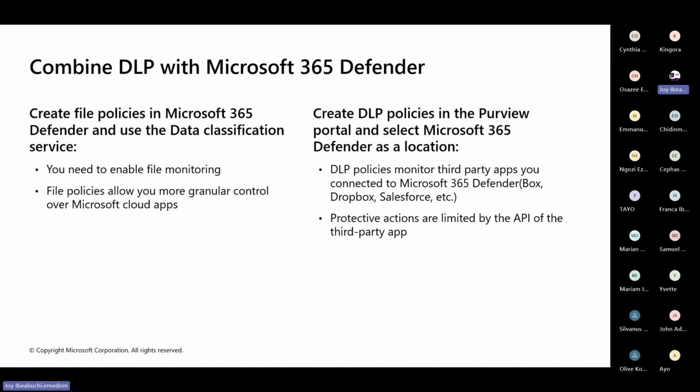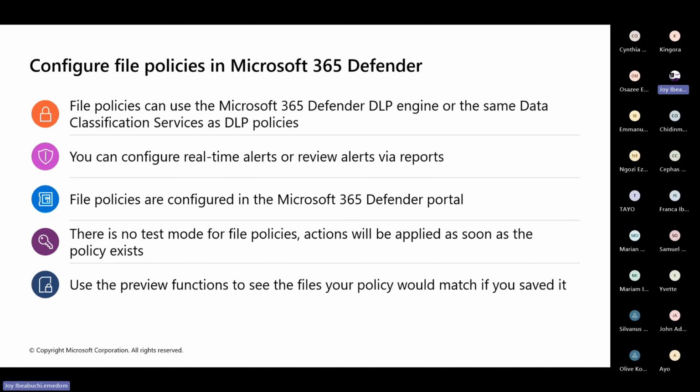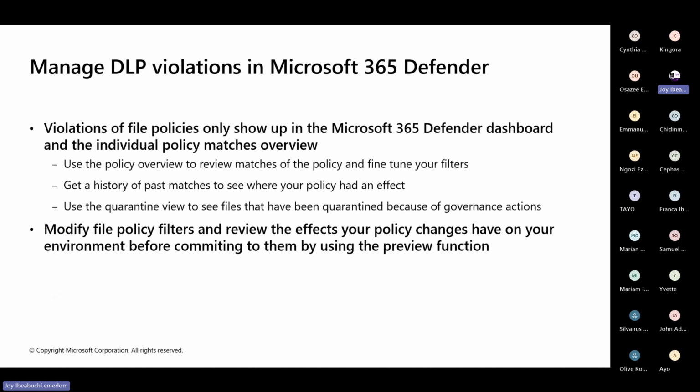Your job will be to sit down with them to say, how do I extend this classification, sensitive information level, into these locations? Then you can configure different policies that will allow you to see these files, when these files are used, who is interacting with these files, and the type of classification services.